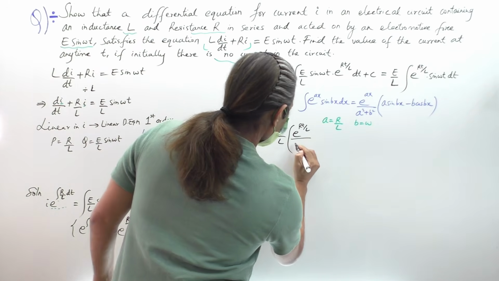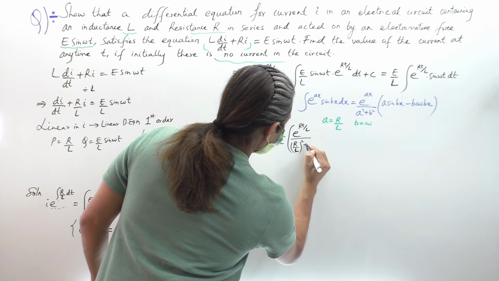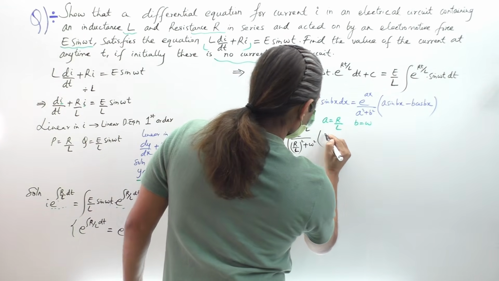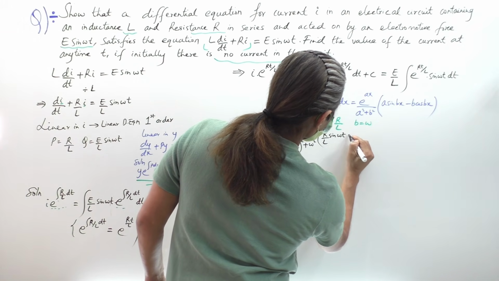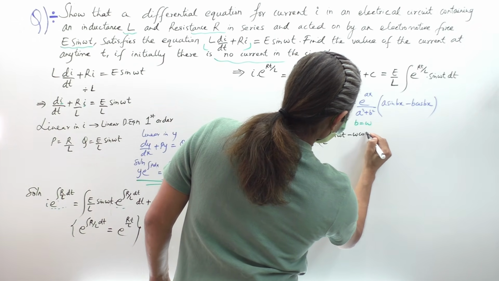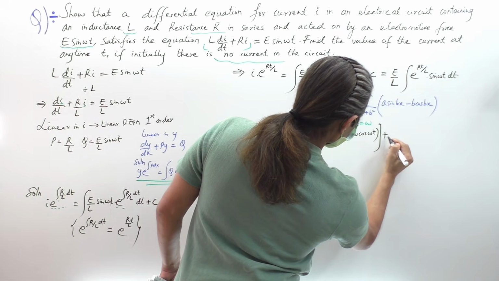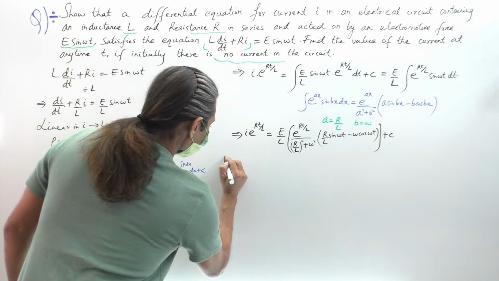What is a? r by L the whole square plus omega square, into bracket, r by L sine omega t minus omega cos omega t, plus c. This is what we get. So let's simplify this now.